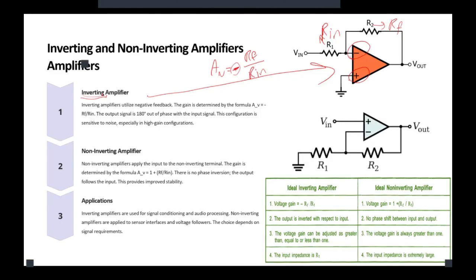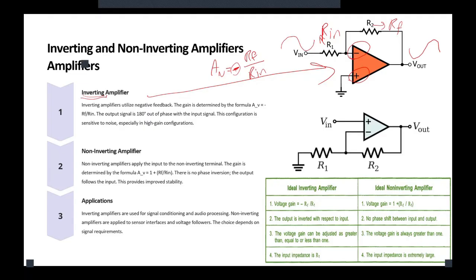Because it's an inverting amplifier, meaning if you apply a signal, it shifts it 180 degrees, and in the output you have the inverted signal with respect to the input.